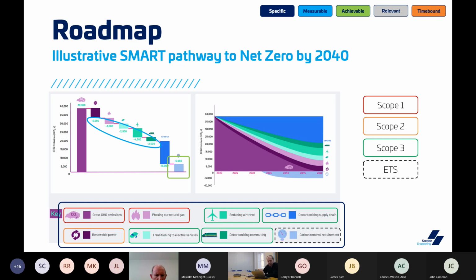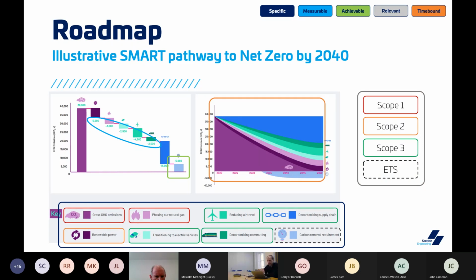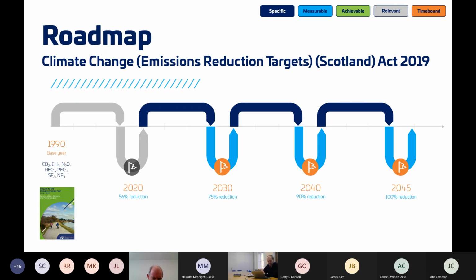It is achievable because they are looking at how much ETS they're going to need to use at the end. It is relevant because it's looking at scope 1, scope 2, scope 3, and ETS, as discussed. And finally, it is time bound. There is a plan for it. So that's, again, a very simple roadmap. It's an illustrative example, but it is a SMART example.